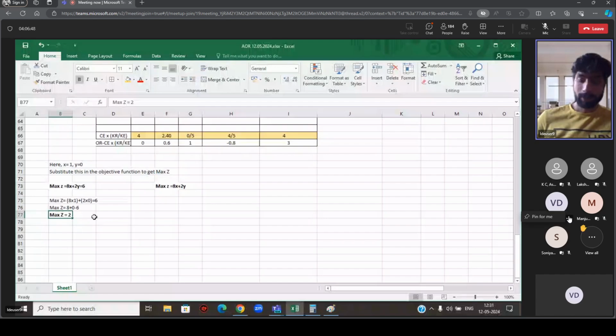And if it is minimize, then definitely you will get a negative value. Okay, right? So it's very, very important. So this is the solution for the problem which you have given me in today's class.